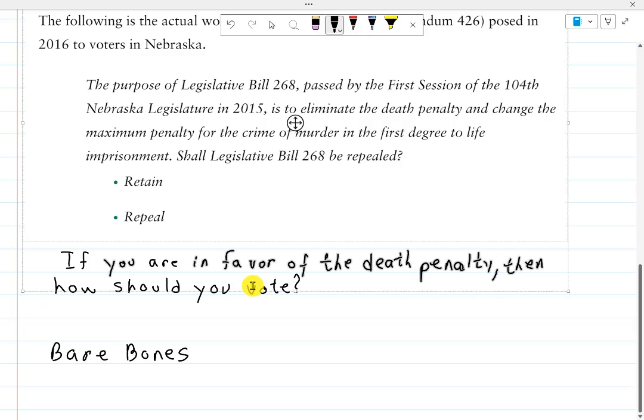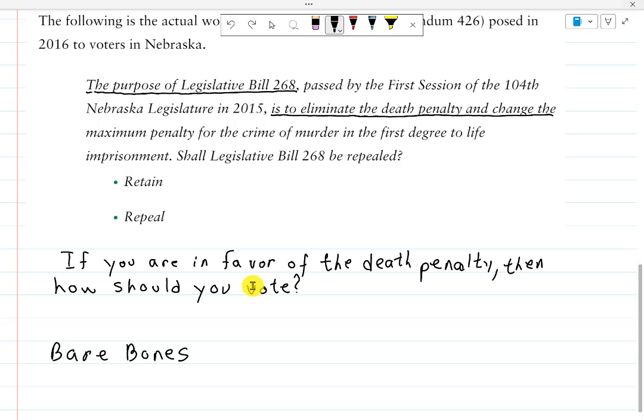So what I see here is the purpose of this bill is to eliminate the death penalty and change maximum penalty for the crime of murder in the first degree to life imprisonment. Now notice there's some information that, while it is actually relevant, it doesn't help here. When it says passed by, so it was passed by, that means it's law.